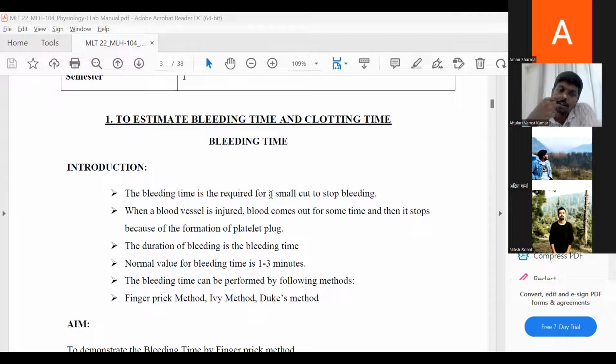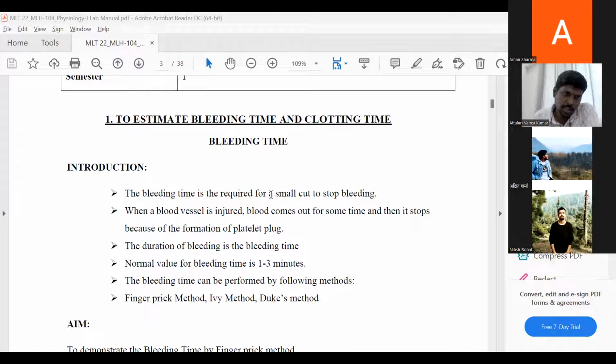Also, in the nose there is cartilage, and repairing cartilage takes more time and is very painful. That's why we go with the ear tip, which is much less painful compared to other methods. Okay, thank you, sir.